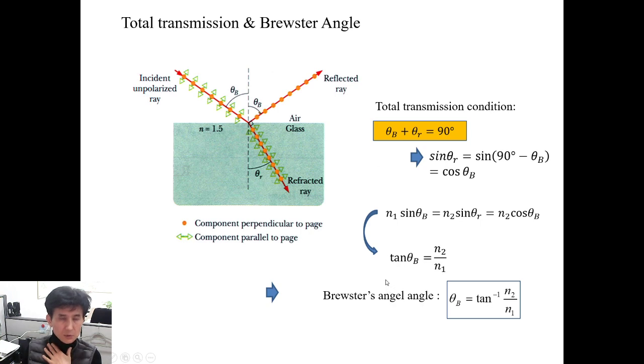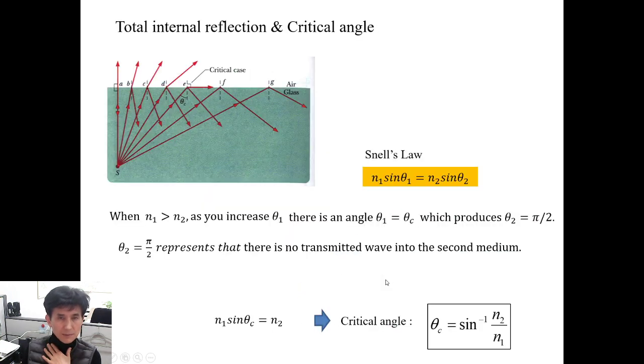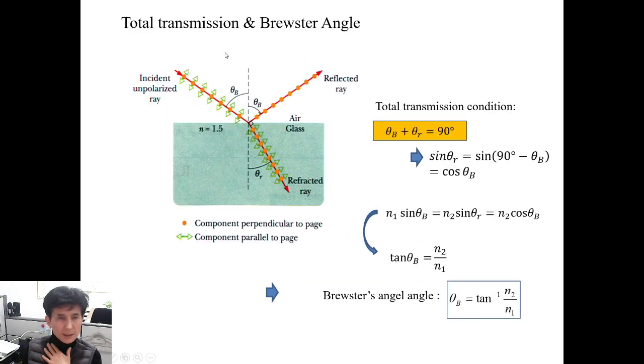So these are the two concepts you need to remember. The critical angle is given like this. There is no light transmitted. For the Brewster angle, there is no reflected light for the electric field which is polarized along the green arrow direction.